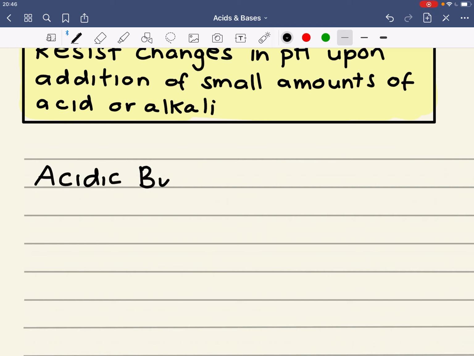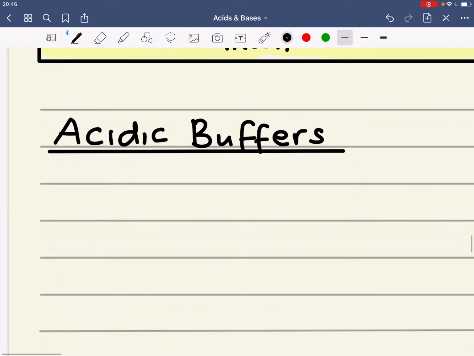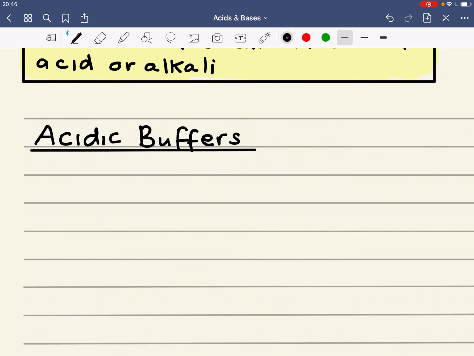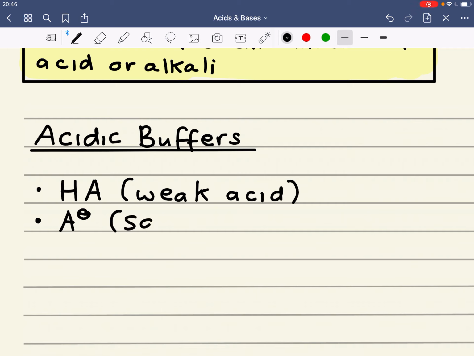So acidic buffers. An acidic buffer must contain significant quantities of weak acid, HA, and the salt of the weak acid, A-.